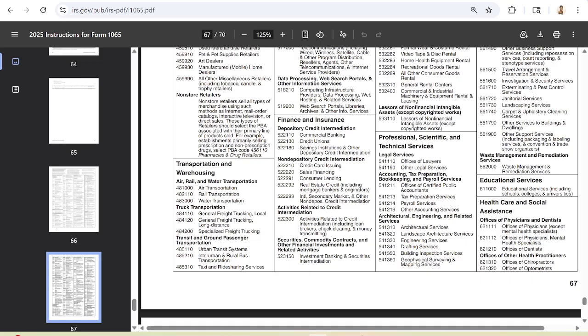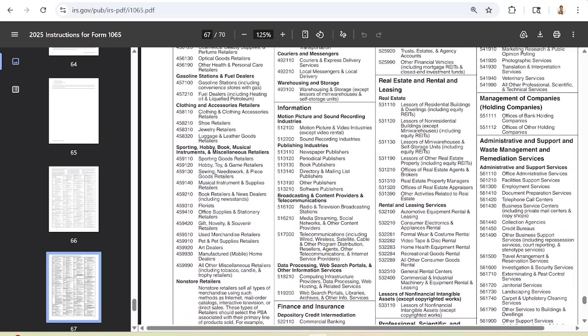If you provide services in that area, you'll go look for that. If you are in transportation, you look for transportation. If you are in educational services, you will be there. And if you are a content creator, you'll be more under information, so you can look under information as well.